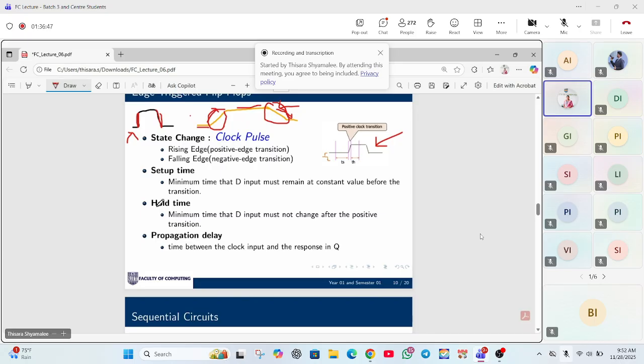Once a clock transition happens, it waits or holds for some amount of time without change in the signal. That time we call the hold time.